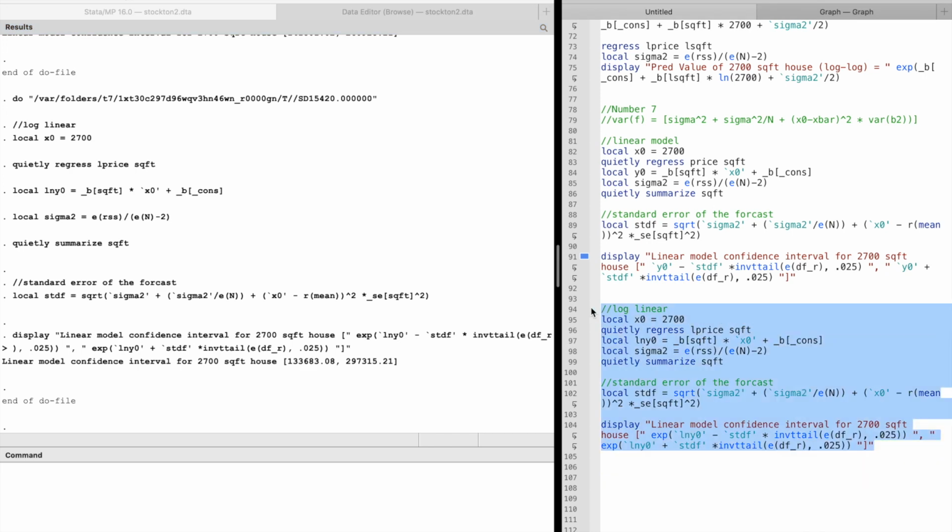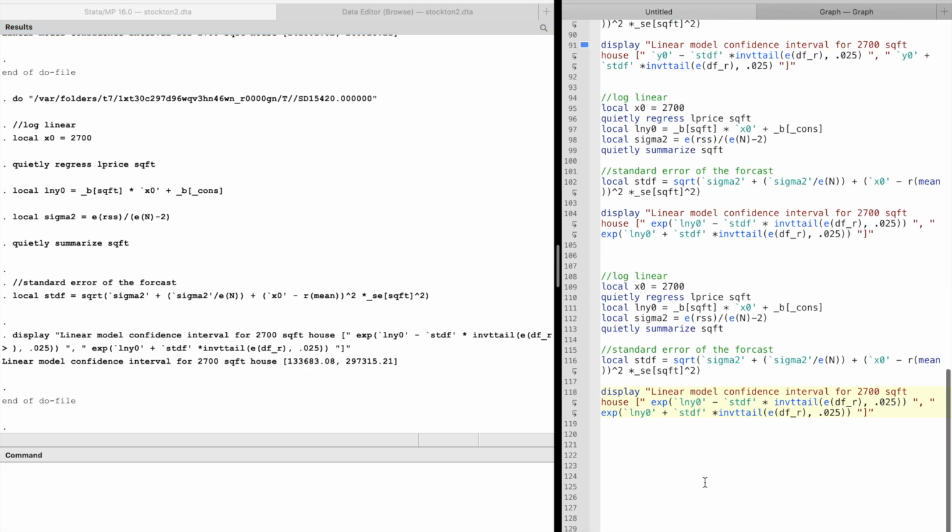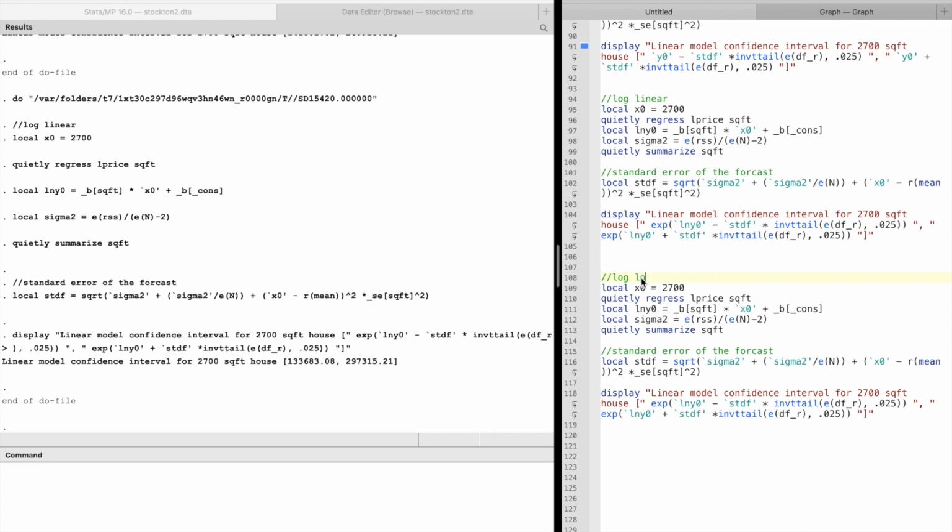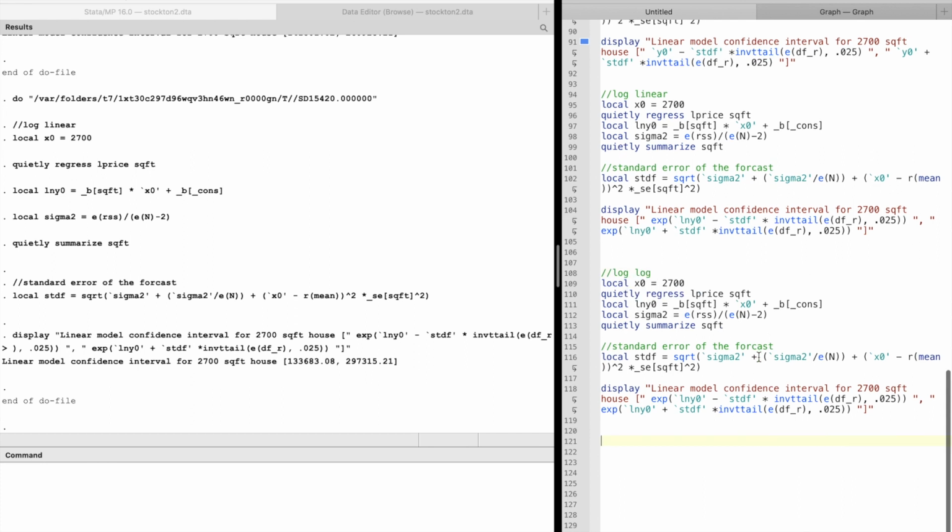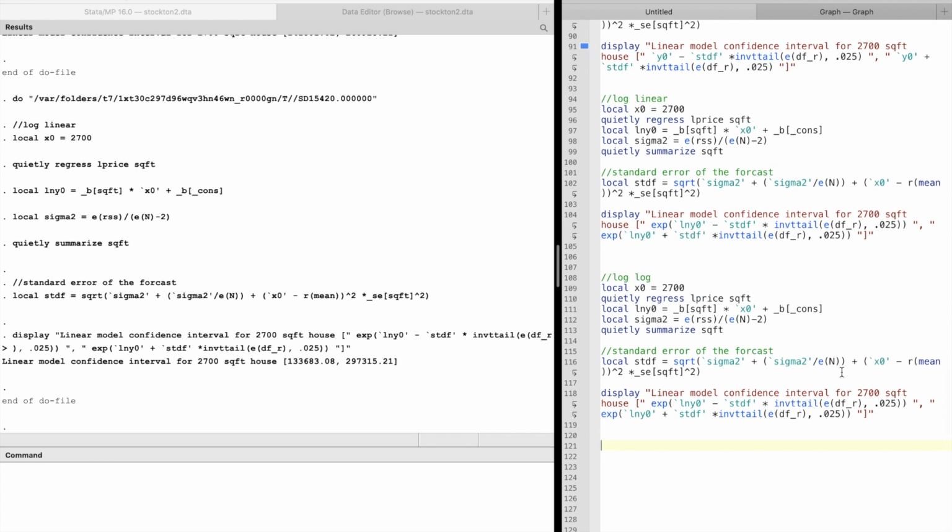And then if we want to do this for the log, then we will have to just change our square feet to log of square feet.